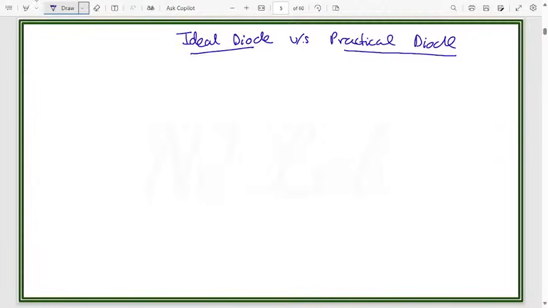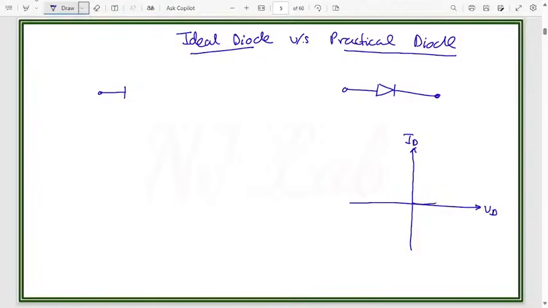So over here, if I draw the symbol of this practical diode, from the characteristic we know that in the forward bias, when we increase the voltage, in the starting the current will be very near to zero. And after the knee voltage, the current will start increasing.